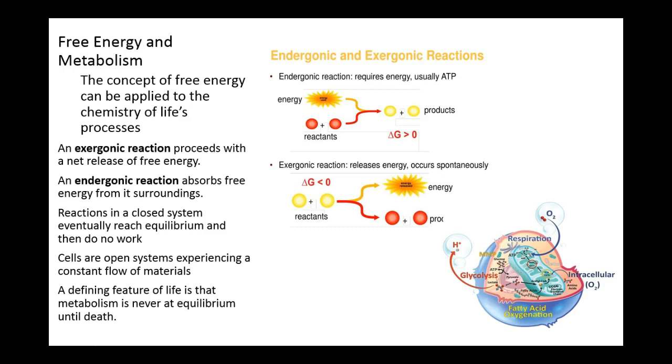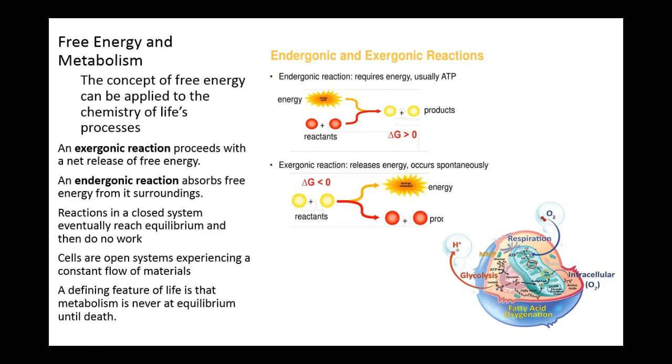Here you see the terms. An exergonic reaction, in boldface, proceeds with a net release of free energy, that delta G, and an endergonic reaction absorbs free energy from its surroundings, and again they tend to work in a coupled way, in terms of breaking down food, then building up more of yourself.